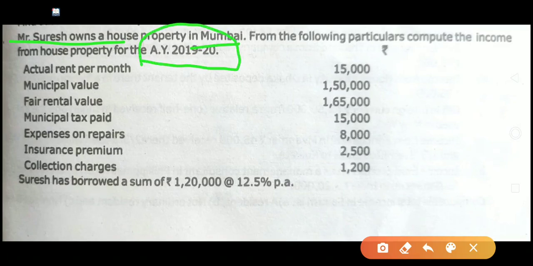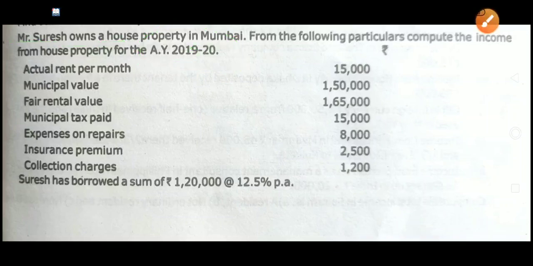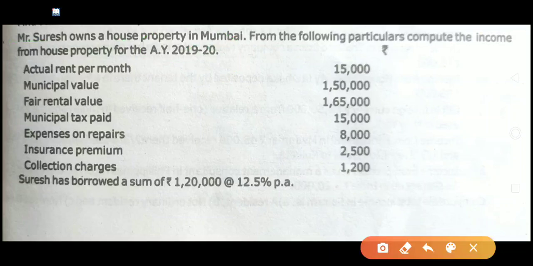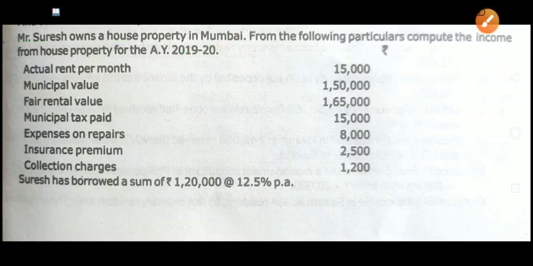So you have to calculate the income of Mr. Suresh, that is in the head income from house property for the assessment year 2019-20. So here is the information. Actual rent per month, so monthly rent is 15,000. You have to multiply with 12 and you will get the annual rent.